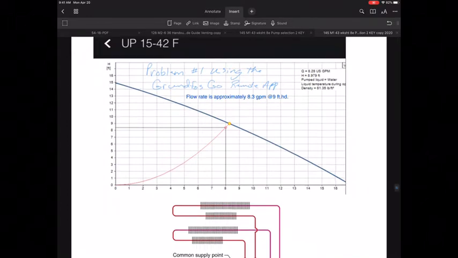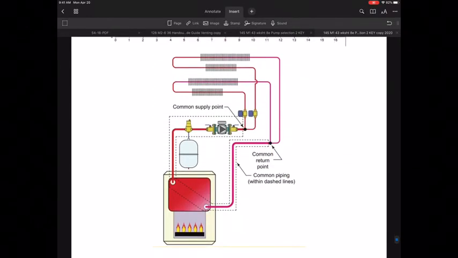So let's do a little preface of this, and figure out how we determine if we're too low on water. So the way I would do this is, let's say that the water coming out of my boiler here happens to be at 200 degrees. And as I travel to each of these two zone valves, let's call this zone valve number 1, and this would be zone valve number 2.